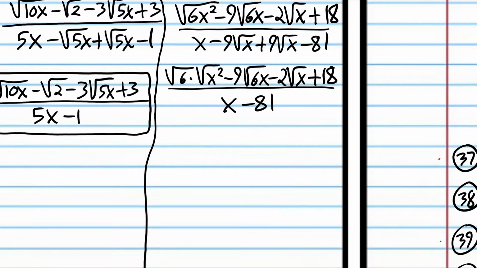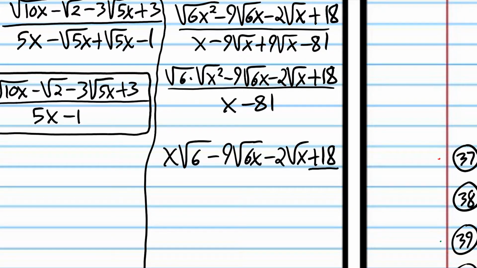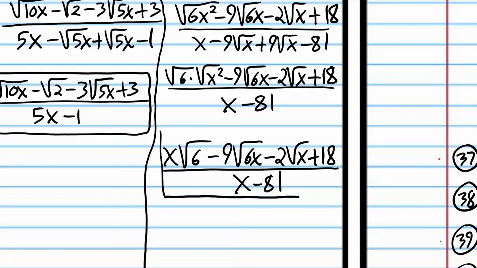And we just have to square root that x squared, and we're going to get root 6 times x, and I'm just going to put that x right in front. I don't want to rewrite that whole thing again. So x times root 6 minus 9 root 6x minus 2 root x plus 18 all over x minus 81, and that is the answer.